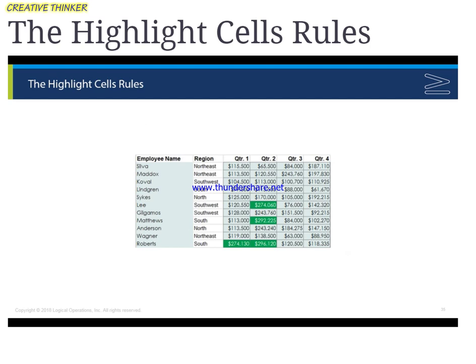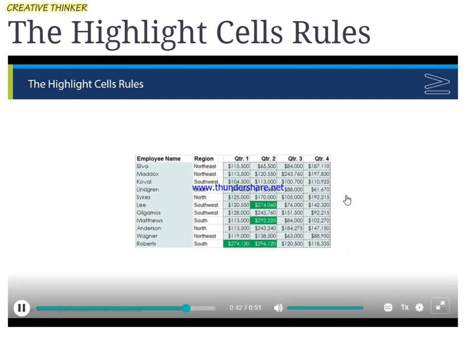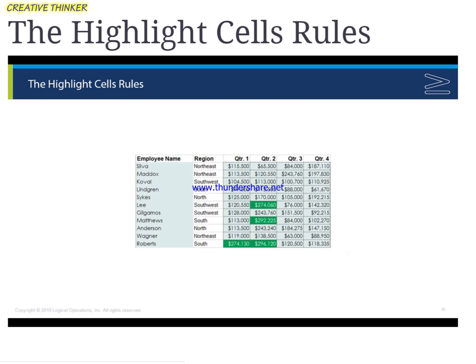So you're basically just going to say, hey, if it's greater than this value, then this is what we want to color code. So greater than, less than, between two values, equal to a certain value. You can even look for text. You can look for a certain date. Duplicate values can be identified and highlighted just to make it easier to pick them out and pick out potential mistakes. So lots of different options with the Highlight Cells Rules.